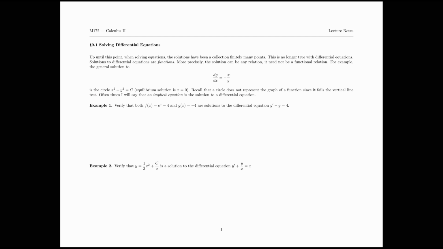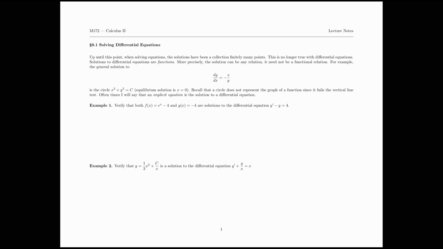So let's go ahead and take a look at this. To verify that some sort of relationship, here y equals e to the x minus 4, for instance, is a solution to this differential equation, we really just want to substitute that in for y into the differential equation.